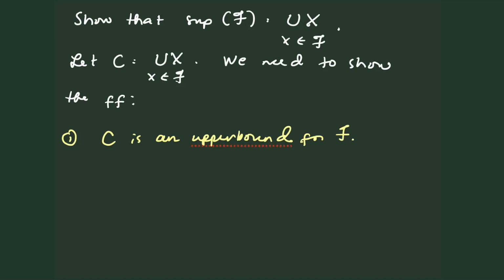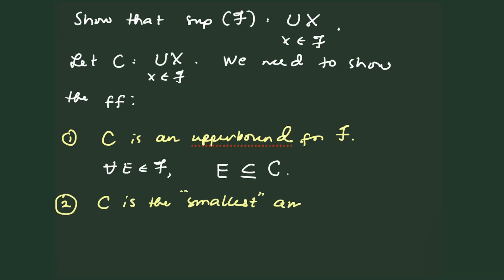It means that for any E in F, E has to be, our relation here is a subset relation, a subset of C. Second, we want to show that C is the smallest among all upper bounds for F. How do we write that mathematically?